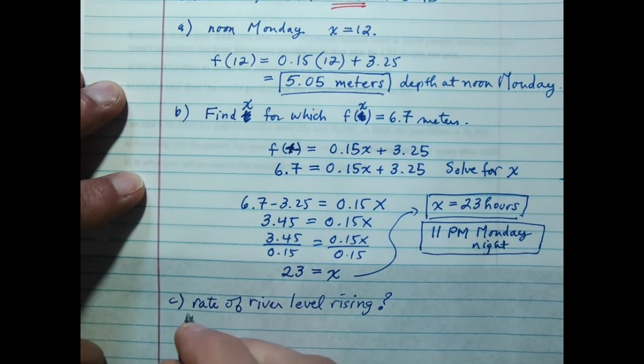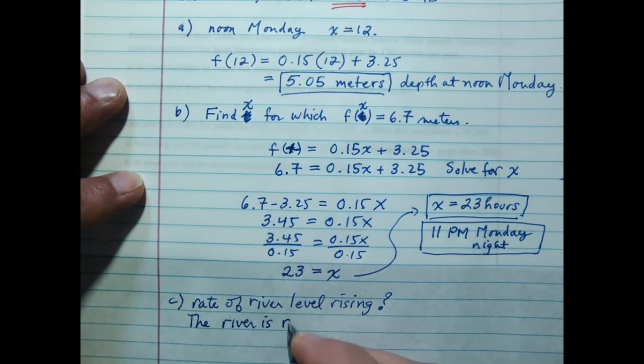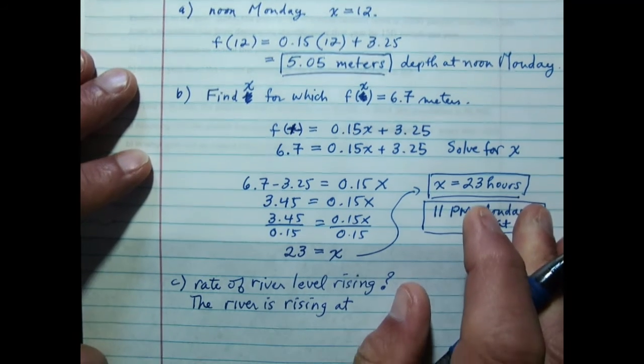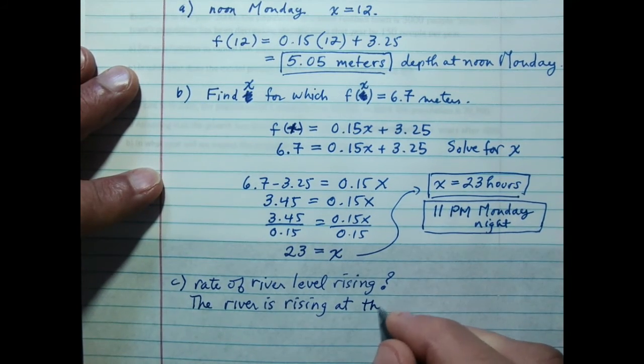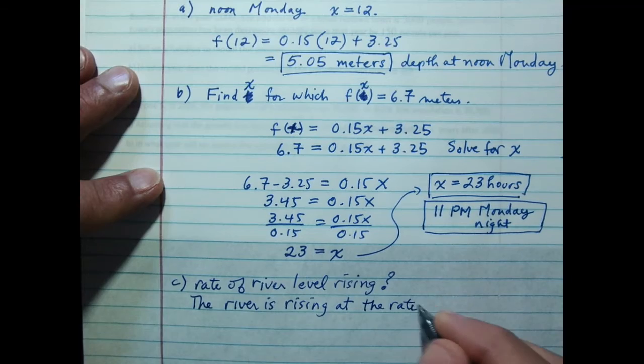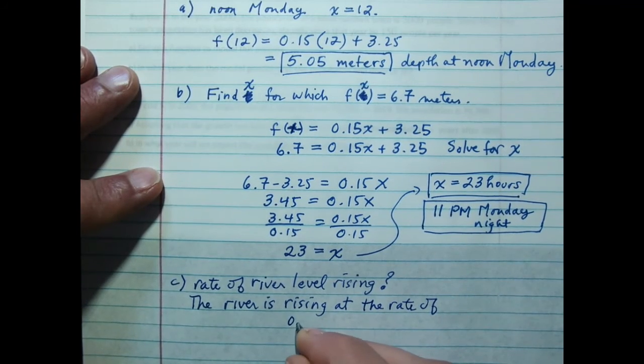So the river is rising at a rate, it's actually a constant rate, of 0.15 meters per hour.